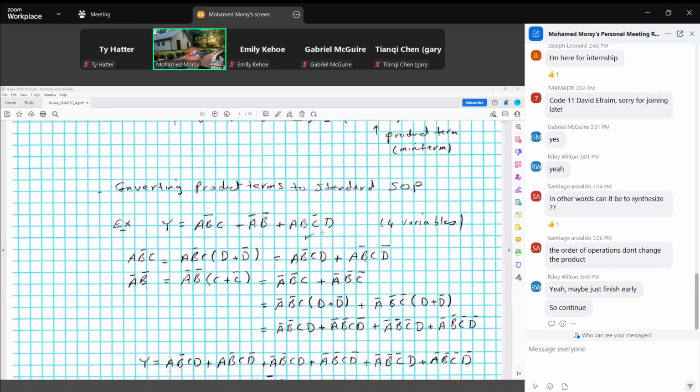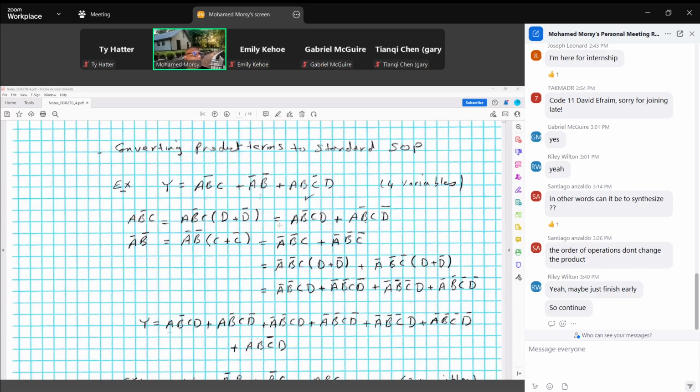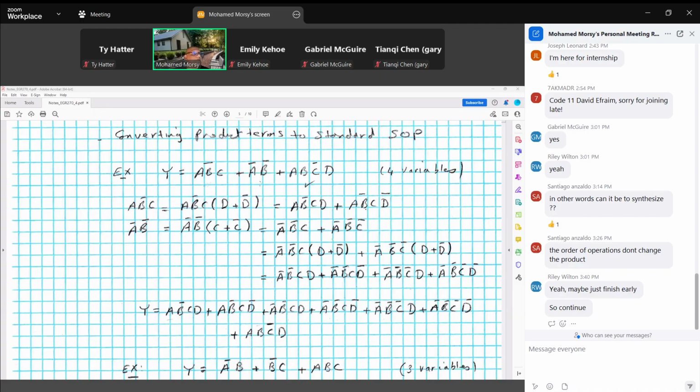Okay? Now, how do we convert from whatever non-standard form to standard form? Look at this expression, for example. Y equals AB inverted C plus A inverted B inverted plus ABC inverted D.